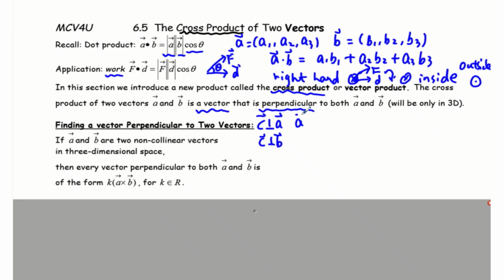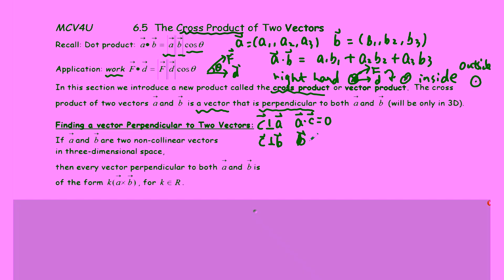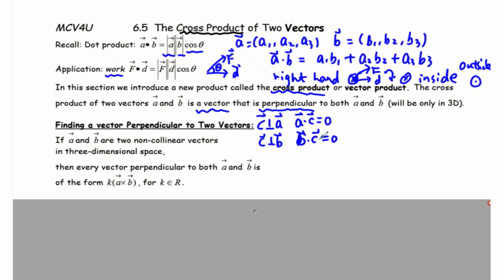If perpendicular, then we know the dot product will be 0. So C dotted with A equals 0, and C dotted with B equals 0. Then A is A1, A2, A3, B is B1, B2, B3, and C will be C1, C2, C3, or we could write it as x, y, z.